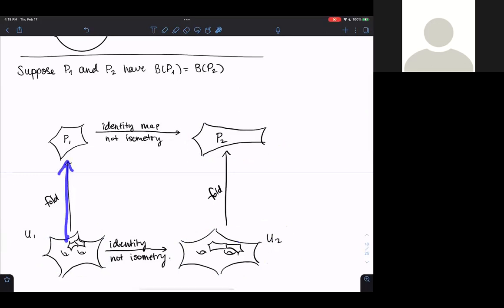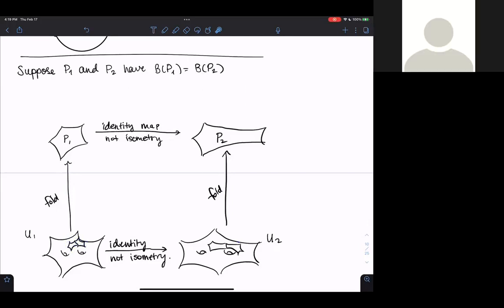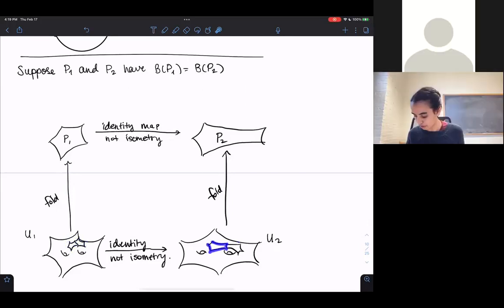This folding and this folding happen combinatorially in the same way. And the way that U1 is tiled by copies of P1 is the same way that U2 is tiled by copies of P2. In fact, this deformation, we can just lift it up here and it will deform these tiles into these tiles and deform U1 into U2.